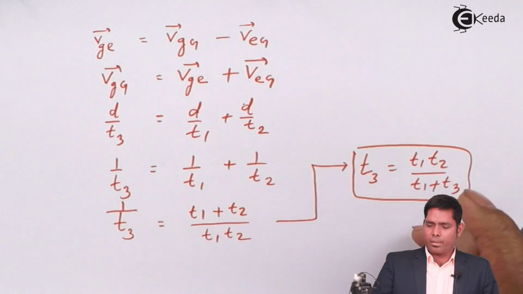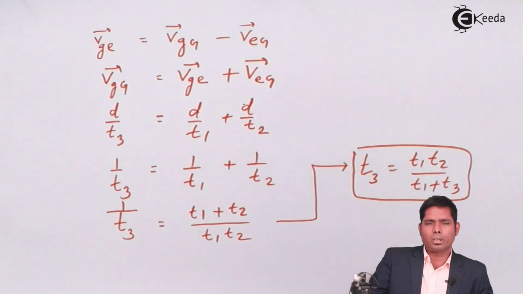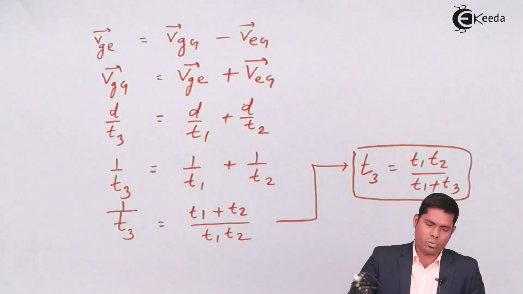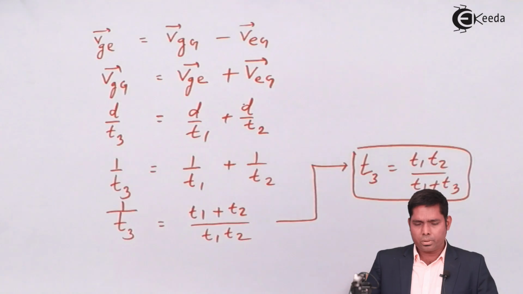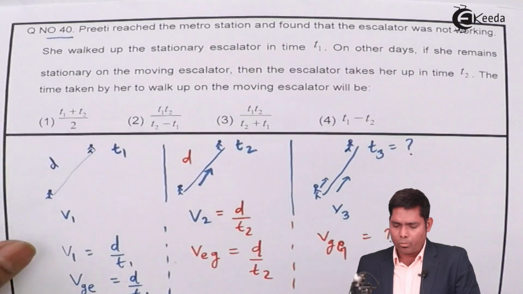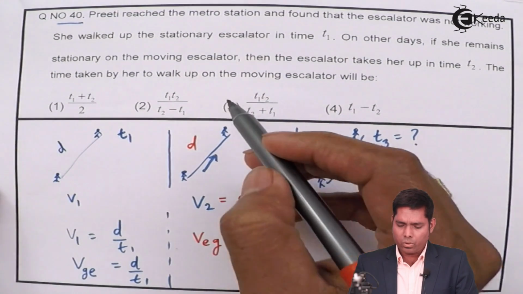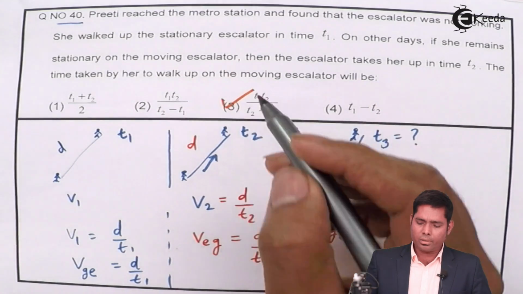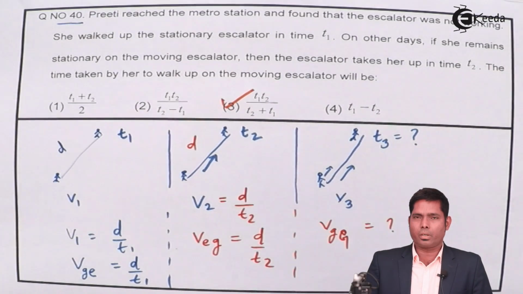So this is the time the girl will take to reach the top when both of them are moving. So option number 3 is the correct answer to this question. Okay, thank you.